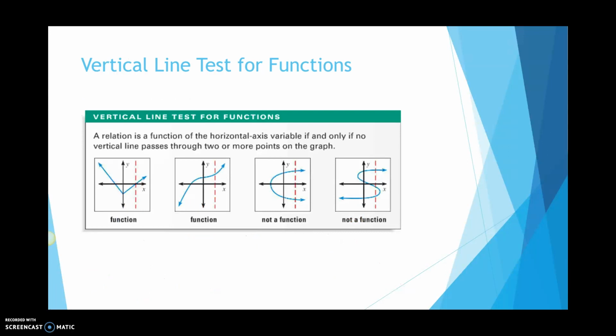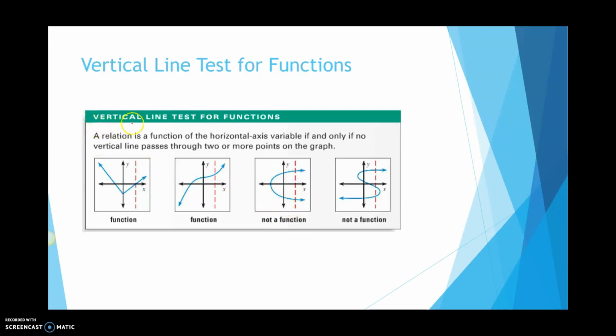Now, what's going to help you determine if a relation is a function or not is what we call using the vertical line test. If you look at these 4 different examples right here, there's graphs. The graphs are the blue lines, and you'll notice for each graph there is a dashed red line going through each graph.